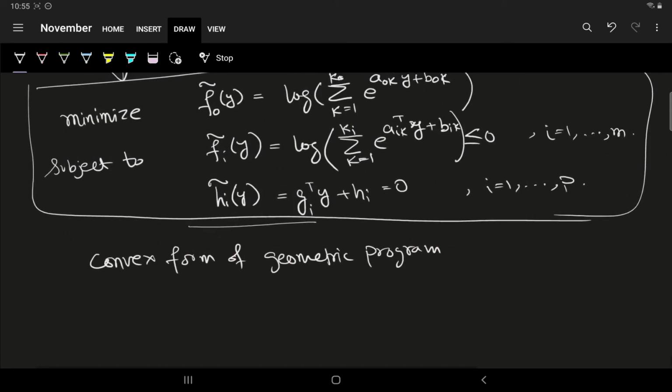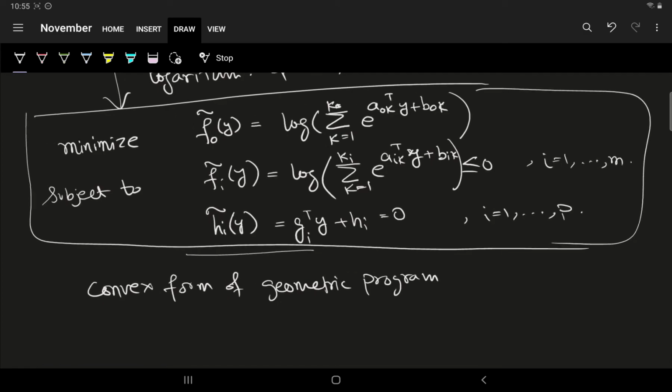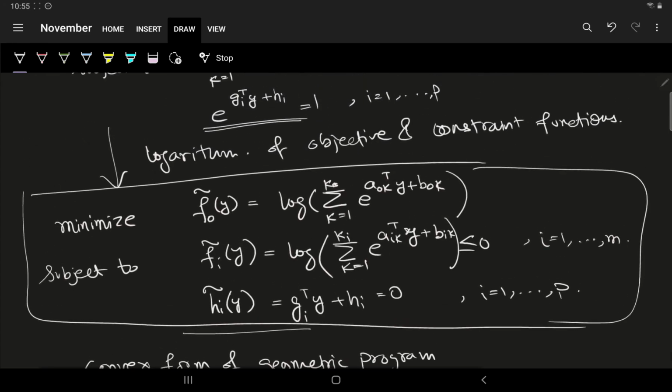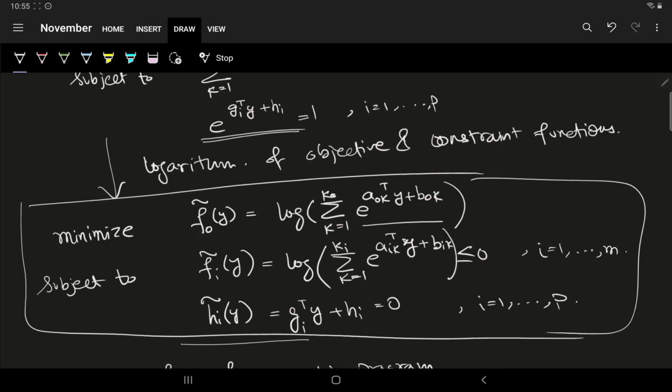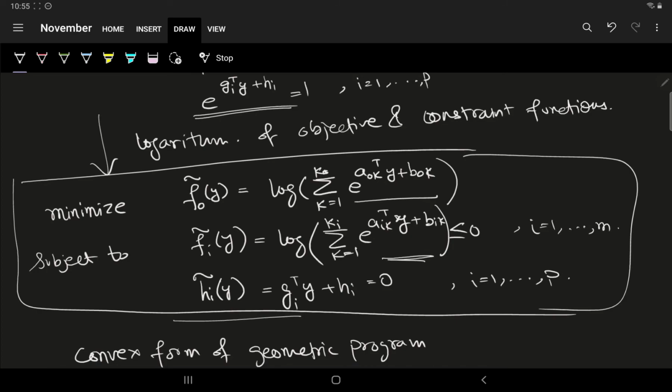And another observation we can see here is that if all the polynomials are actually in the form of monomials, so this is a polynomial because it is a summation of monomials, and the constraint inequality is also a polynomial.